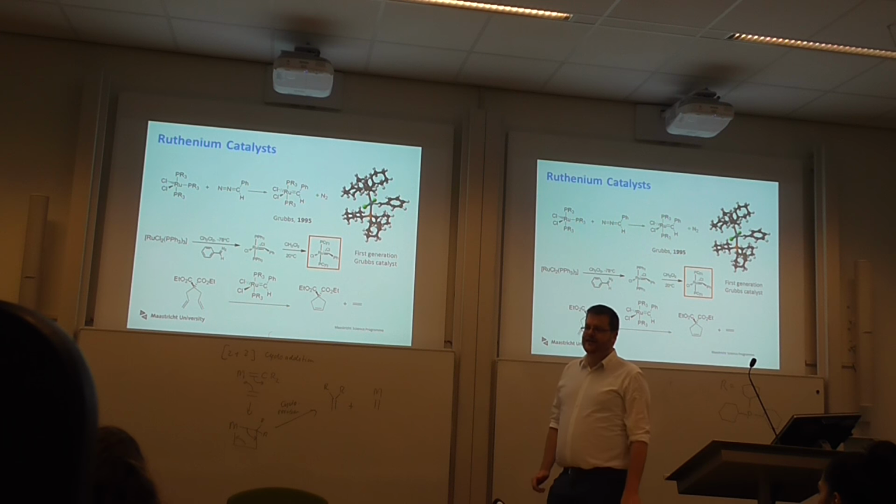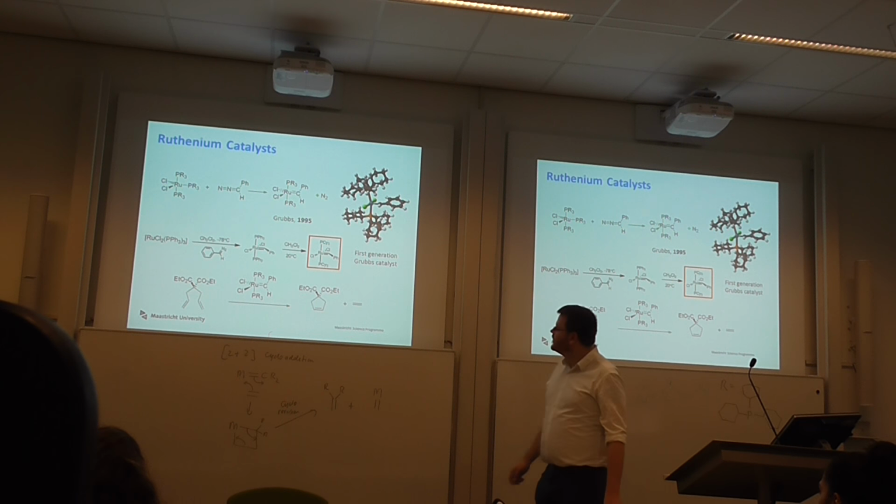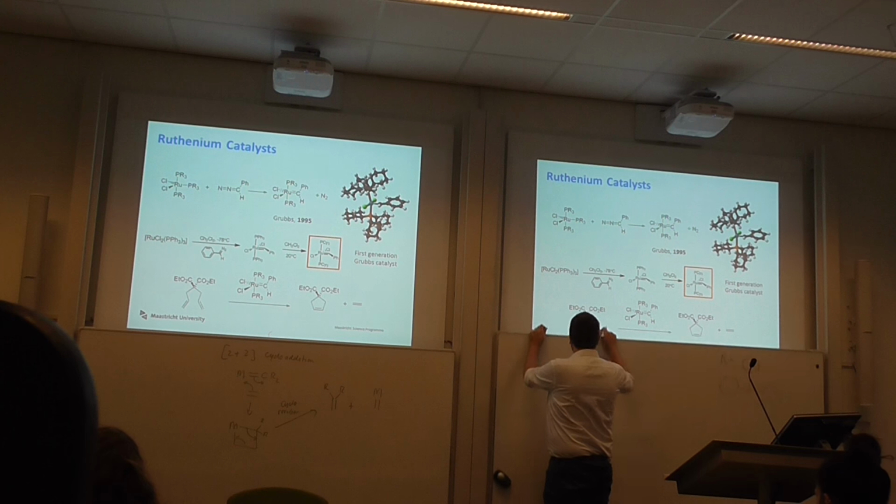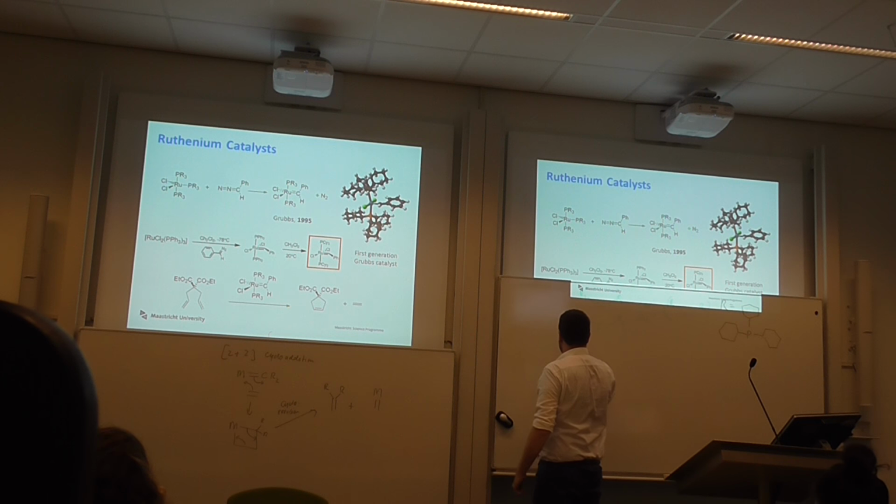Well, it's 16 valence electrons. So let me maybe just write down what I mean. If we say we're using the first generation Grubbs catalyst, remember Cy is tricyclohexylphosphine.